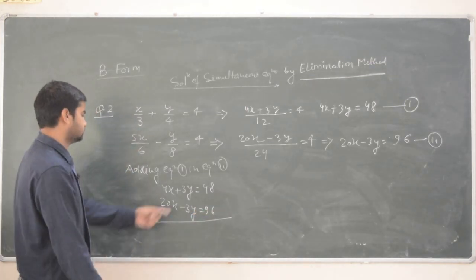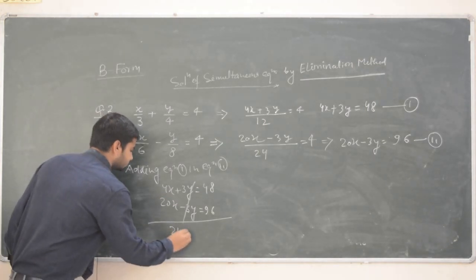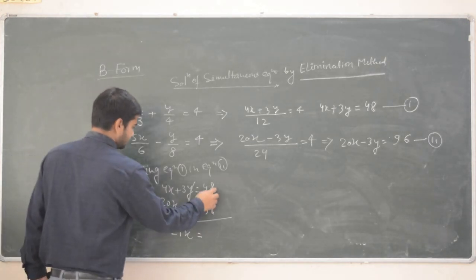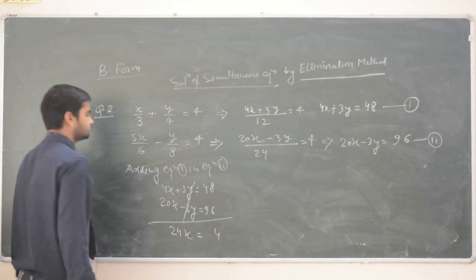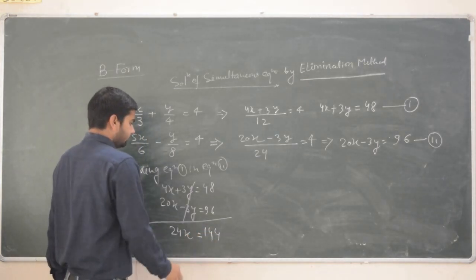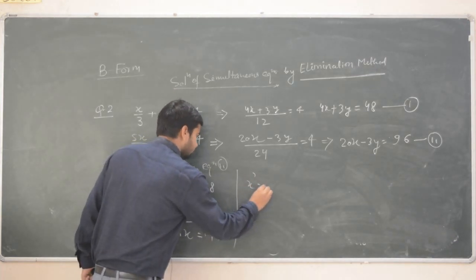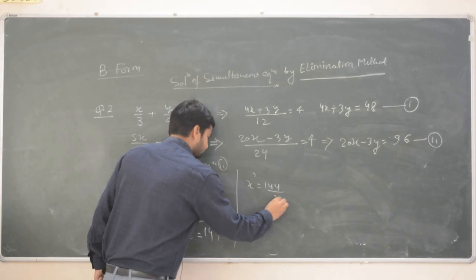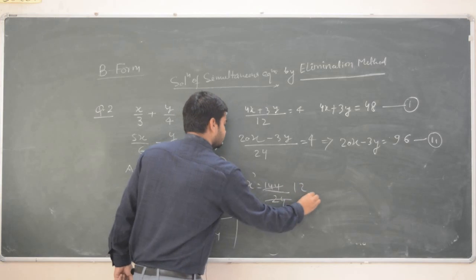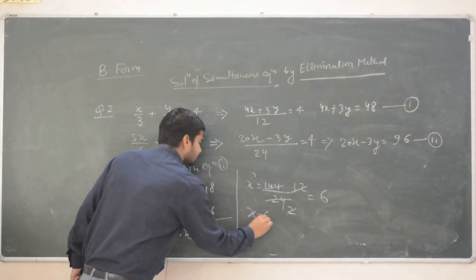Add these two, so plus 3y and minus 3y get cancelled out. 20 plus 4 will be 24x equal to 96 plus 48, which is 144. If 24x equal to 144, that means the value of x will be 144 divided by 24. We can solve it, so it will be 6. Okay, so here we got the value of x as 6.